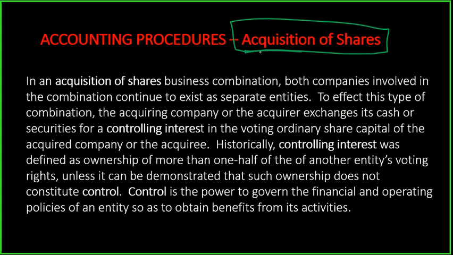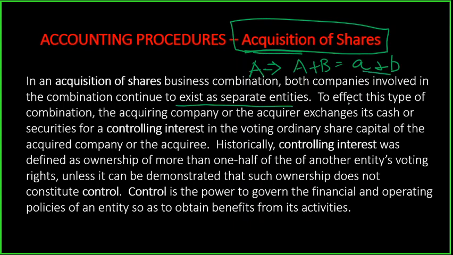So, under acquisition, you remember that acquisition is A plus B equals A and B. So, in an acquisition of shares, both companies involved in the combination continue to exist as separate entities. That's why it's still A and B.